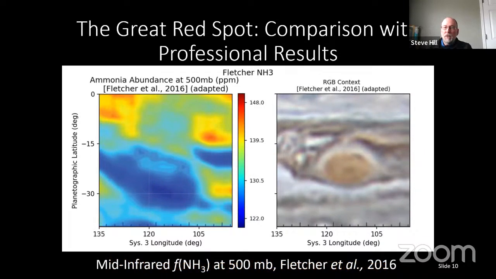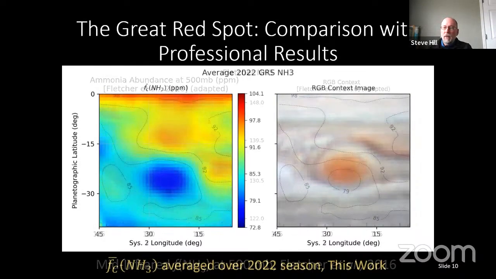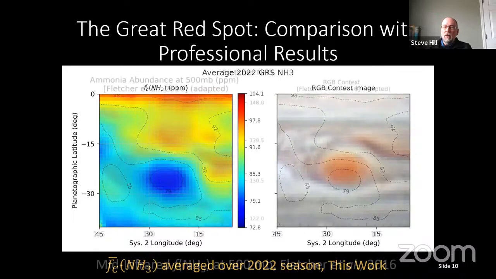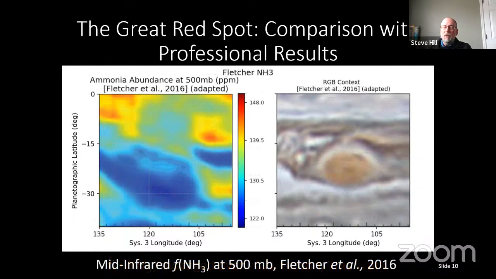And while there are enhancements around the depleted region in both data sets, they have somewhat different morphology. Just going through the fade one last time. Note also that there's a 6-year difference in the observations. Sorry, I think that's 8 years if I did my math wrong there. Yeah, an 8-year difference in the observations. So there certainly could be temporal changes there.